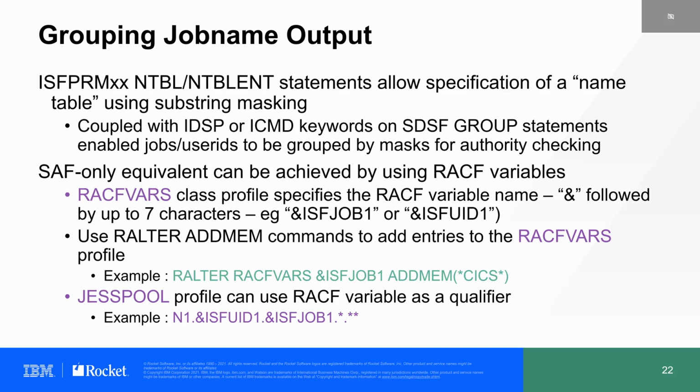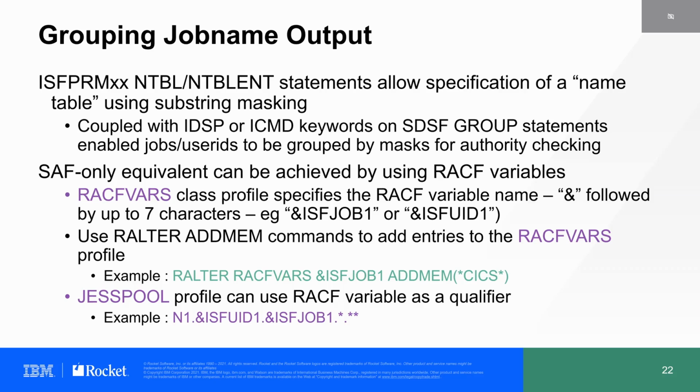So you can define these entries where it's the second character and these letters for this letter, things like that. And then when you specify those on the ACTION or the I command keywords on the SDSF group statements, the members of that group can have authority to browse or take actions against jobs that match these name tables.